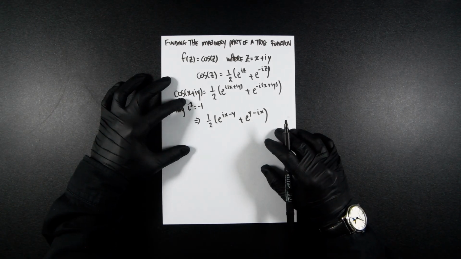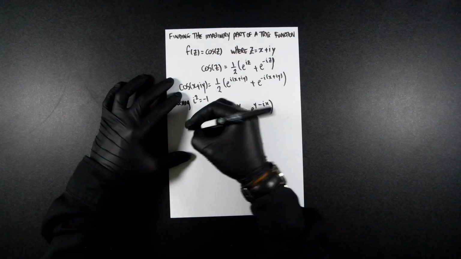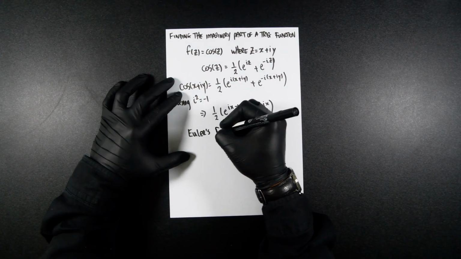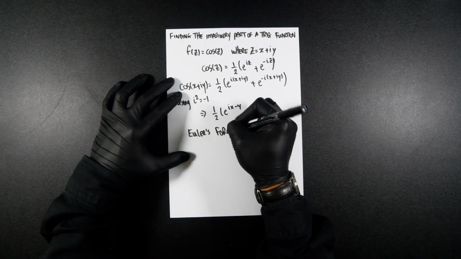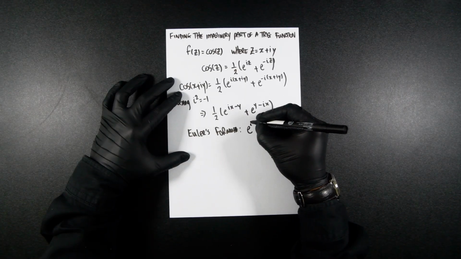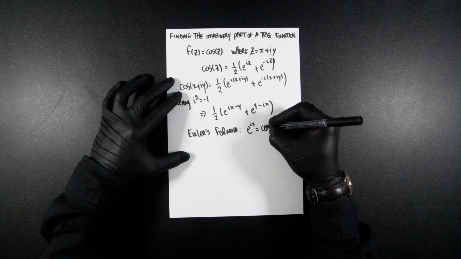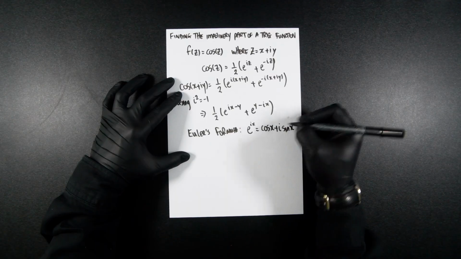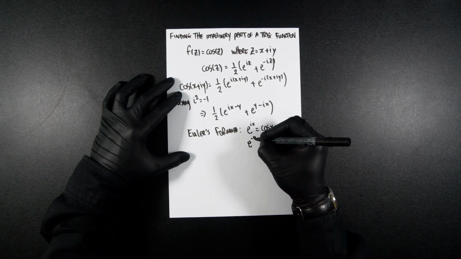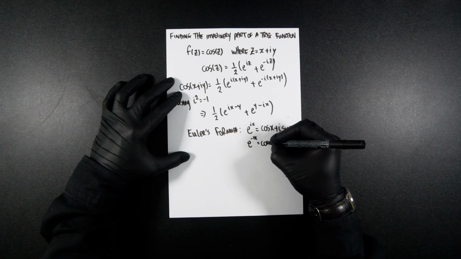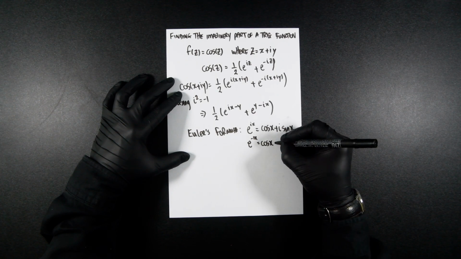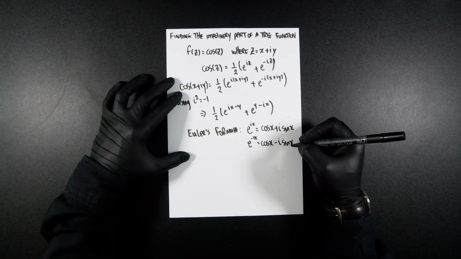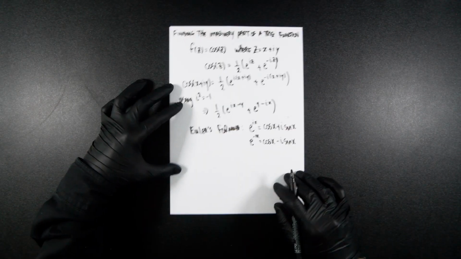The next step here is to use Euler's formula, where e to the ix would be cos x plus i sin x, and e to the minus ix would be cos x minus i sin x. So let's start substituting in.